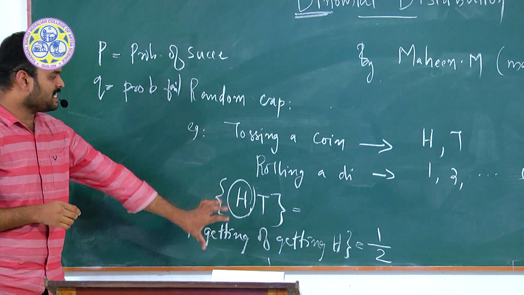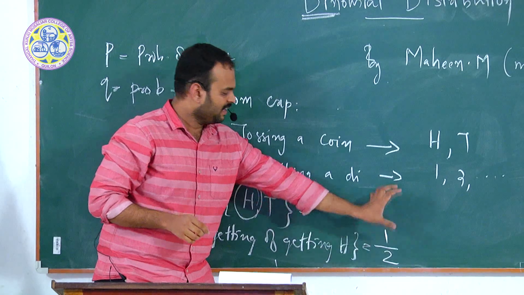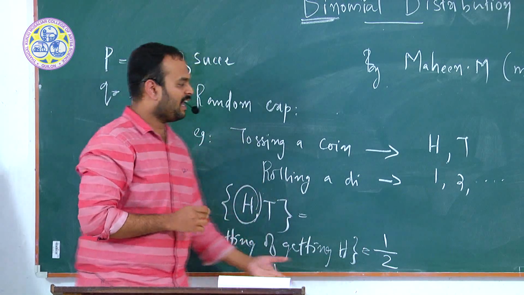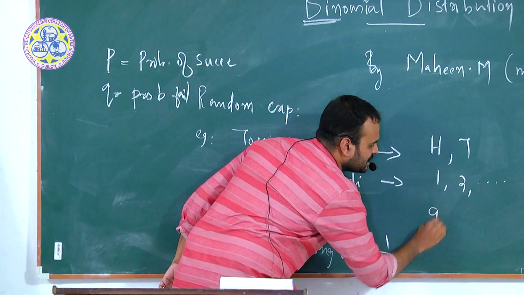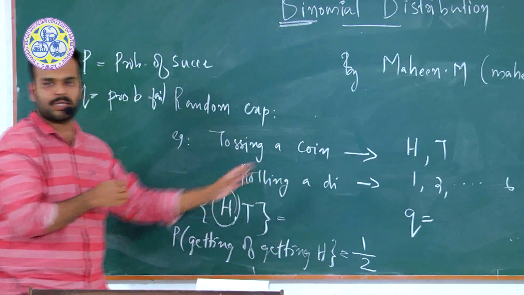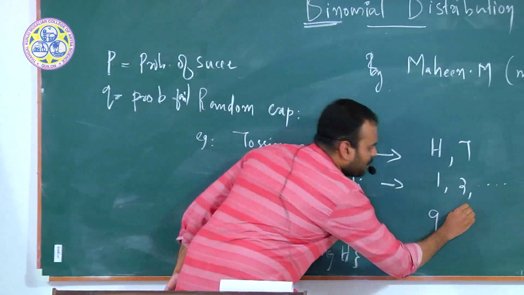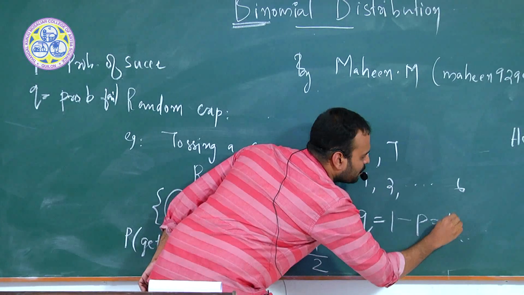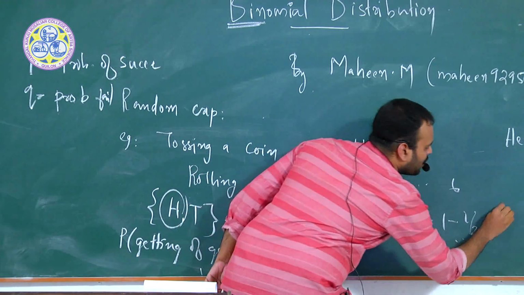The probability of getting head, a success here, is 1 by 2. Likewise, the probability of failure is Q, and its value will be 1 minus P. 1 minus P is equal to 1 minus 1 by 2, that is equal to 1 by 2.